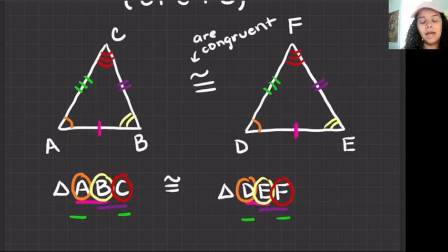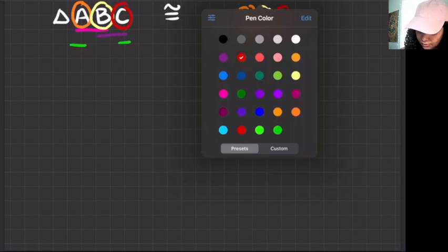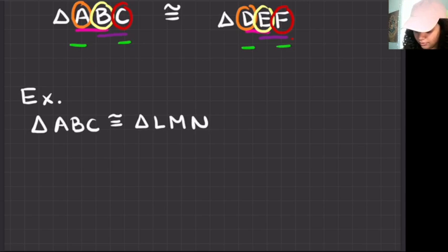Now, sometimes what will happen is in a problem, so let's do a quick example. Let's say in the problem, I tell you triangle ABC is congruent to triangle LMN, right? Those two triangles are congruent.